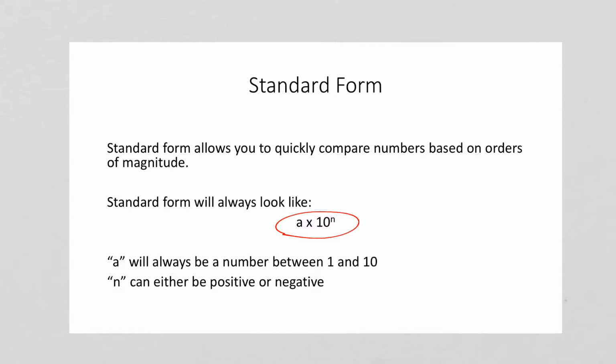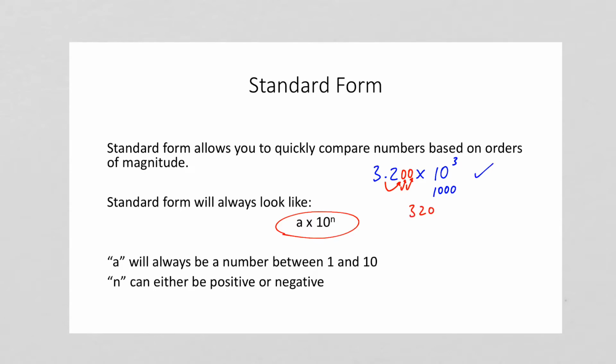So for example, 3.2 times 10 to the 3 is standard form. 10 to the 3 means 3 zeros, so times 1,000. It also means you move the decimal place 3 times. So here I would move this once, twice, 3 times.